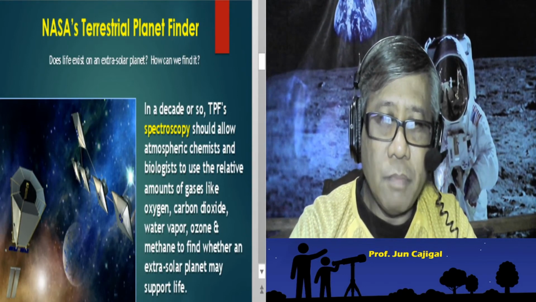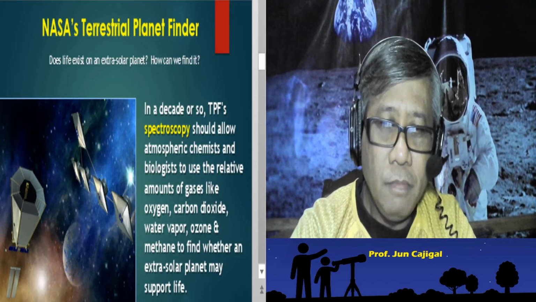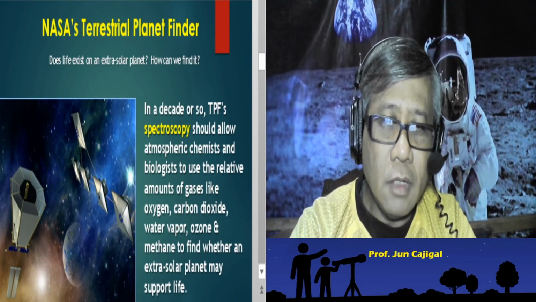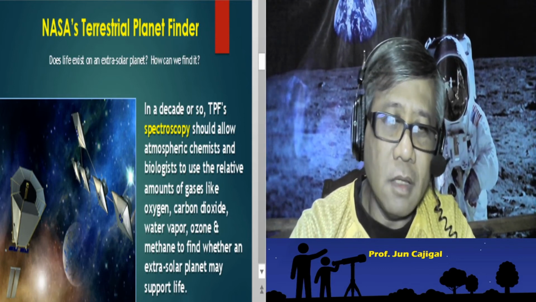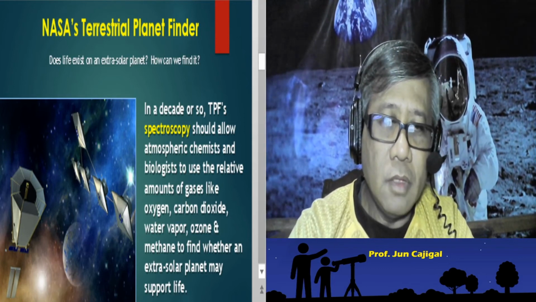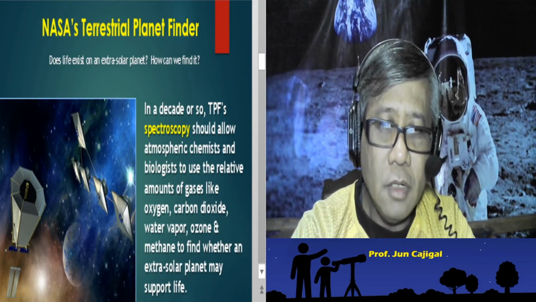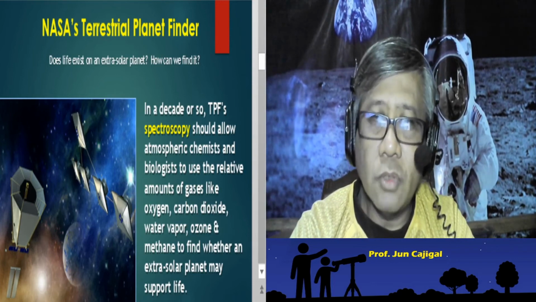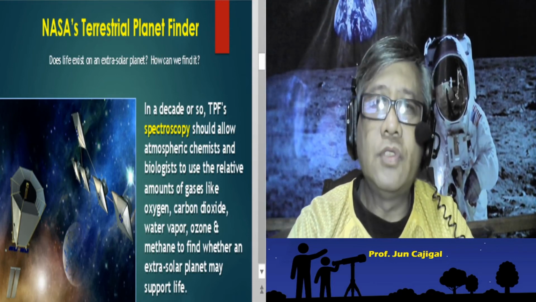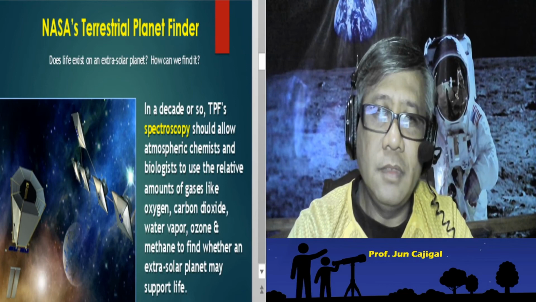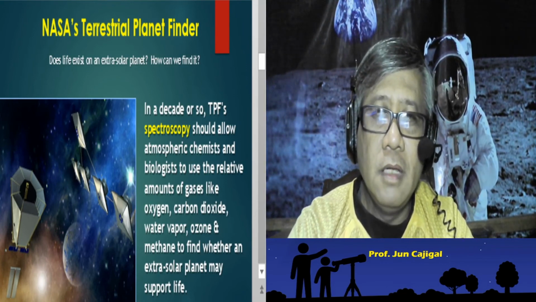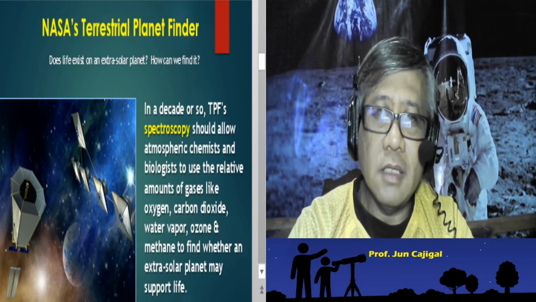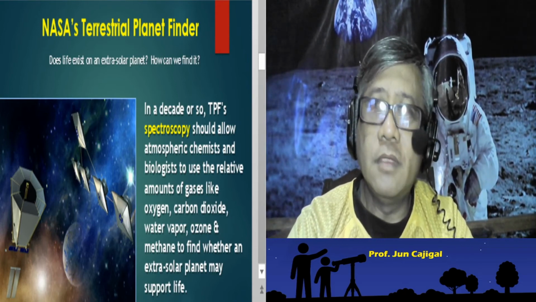Okay, using spectroscopy, this should allow atmospheric chemists and biologists to use the relative amounts of gases like oxygen, carbon dioxide, water vapor, ozone, and methane to find whether an extrasolar planet may support life. Okay? So that's the future plan of NASA in the search for extraterrestrial life beyond the solar system.